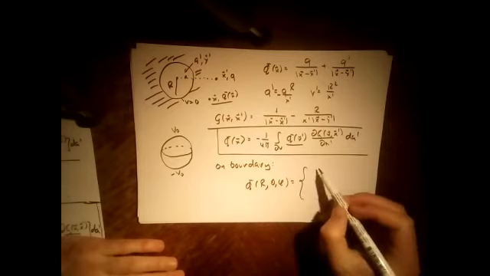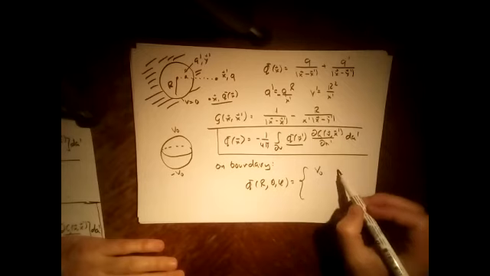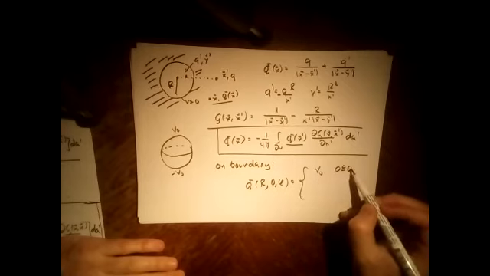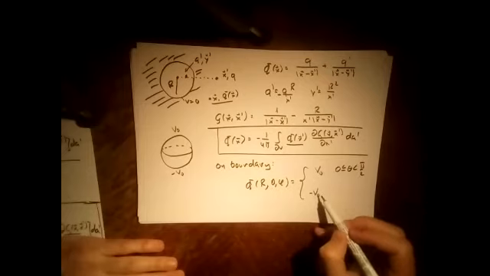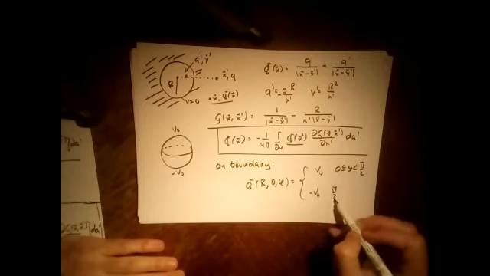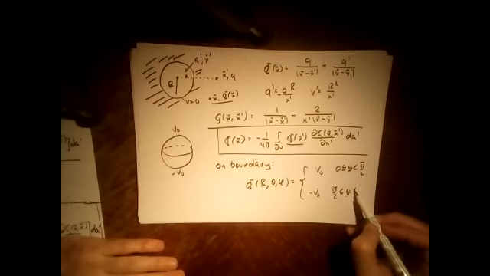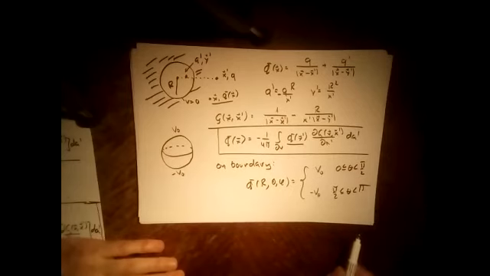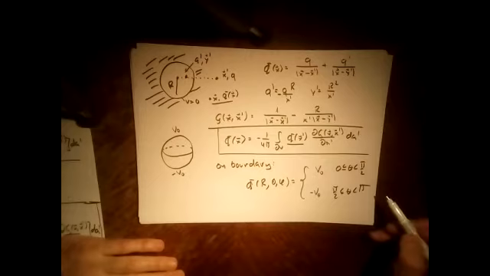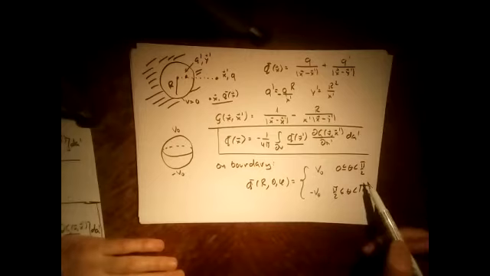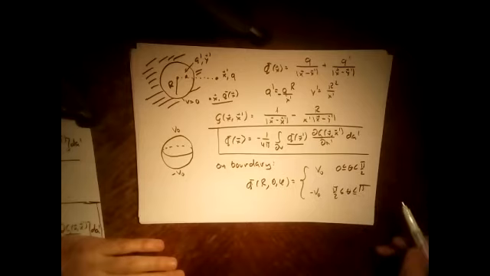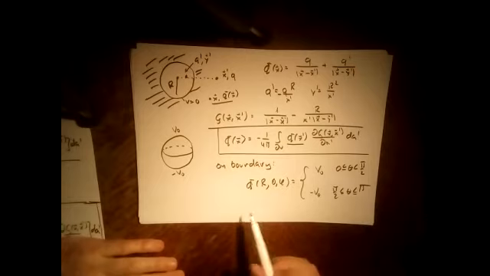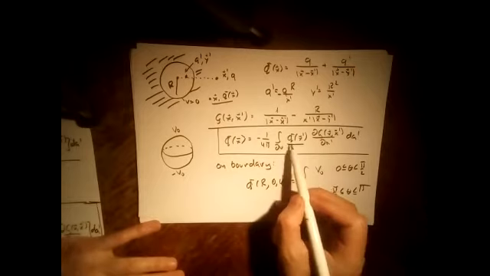And I can write V0 as long as theta is in this region, and minus V0 as long as theta is in that region. Okay, so 0 to pi over 2, we have V0, pi over 2 to pi, we actually have minus V0. Okay, so that's actually what we're going to substitute here.